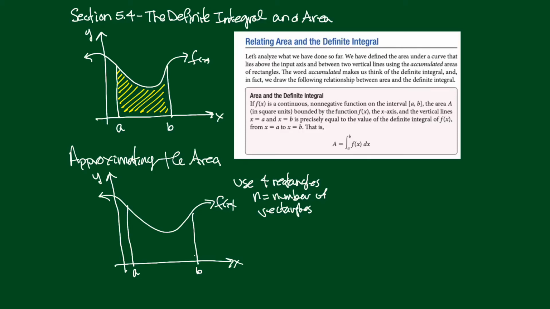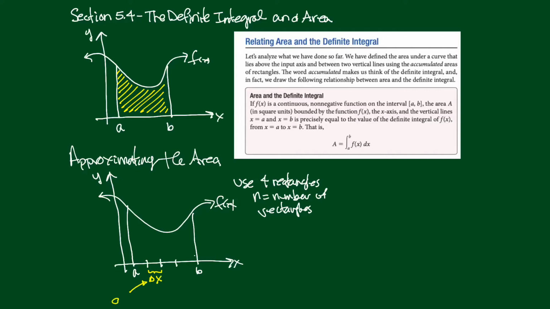Now, if I'm going to use 4 rectangles, I'm just going to make these lengths here the same. I'll make them all the same. So I'm going to have a rectangle of this length right here, then one of this length, and this length, and all those lengths are going to be the same. In fact, here's how I'm going to get that. I'm going to call this length right here delta x.